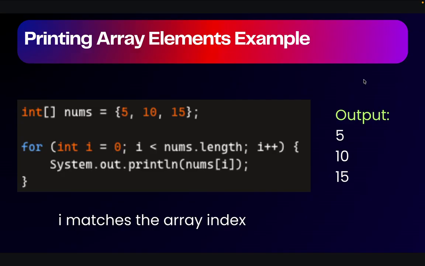It will then go to i equals 1, so it will print nums[1], which is 10, and then it will print nums[2], which is 15. And that is how printing out an array works. On the same line of how this loop is running for printing, it can be used the same way to do different things inside of that for loop body.